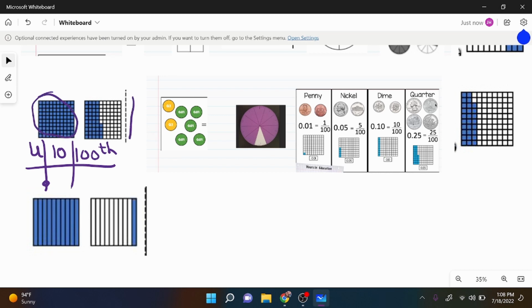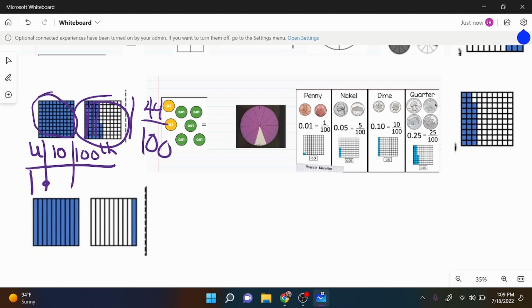I see 1 whole shaded in. Now, don't sit and count square by square, guys. You see that this is 10, 20, 30, 40, and then now count by hundredths, 41, 42, 43, 44. So there's 44 shaded, and you know that this is a 100 grid. So it's 1 and 44 hundredths.